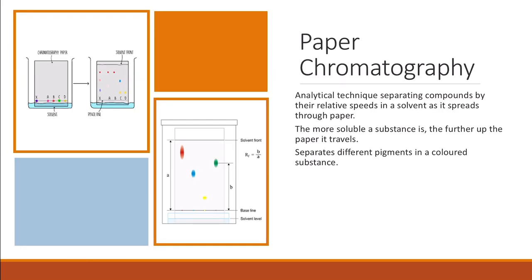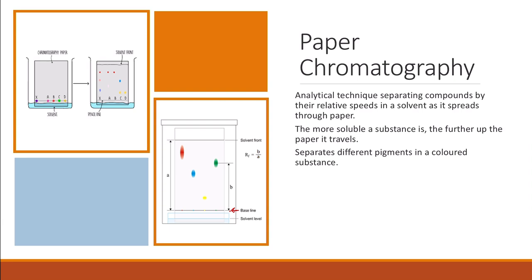Chromatography is the analytical technique that is used to separate the different components of a mixture based on their interaction between a solvent or a mobile phase and a solid, which is the stationary phase. You start off by drawing a baseline or a start line using a pencil, not a pen, so it will not dissolve in the solvent.